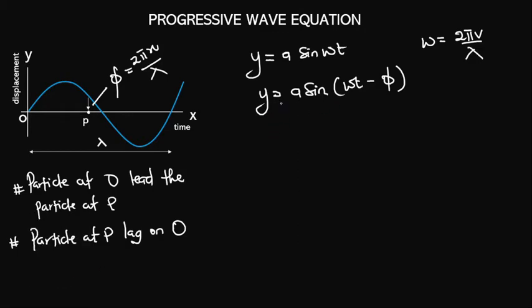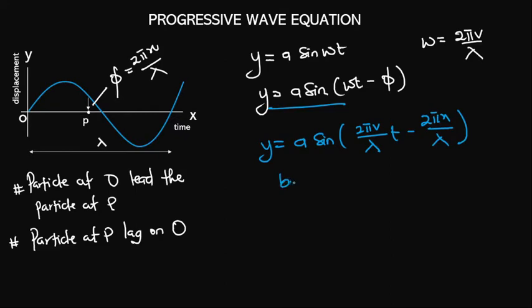Doing the substitution, we have y is equal to A sine, in brackets, the angular velocity 2 pi v over lambda, multiplied by the time, minus the phase angle, which is 2 pi x over lambda. But we know that velocity is equal to f lambda.